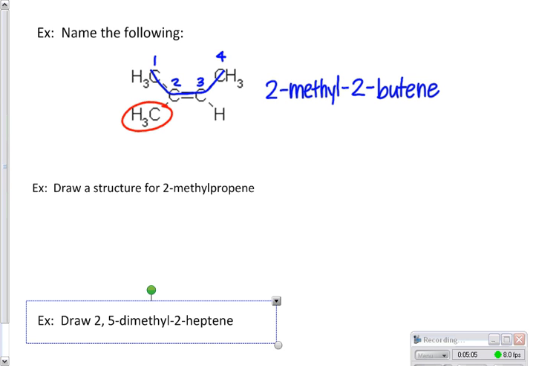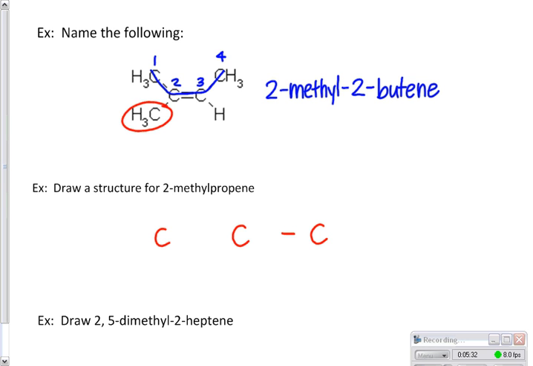On the next one, it says to draw a structure for 2-methylpropene. Again, if you want to try this yourself, pause the video right now. Prop- means that there are 3 carbons, 1, 2, and 3. No matter where I put the double bond, it's located between the 1 and the 2.